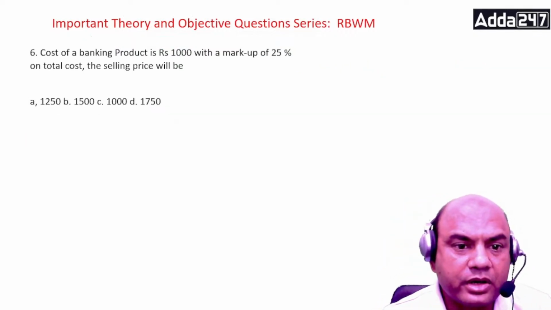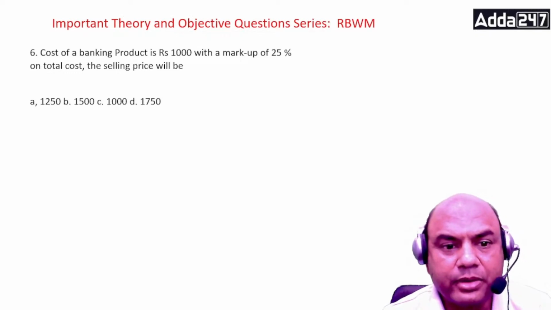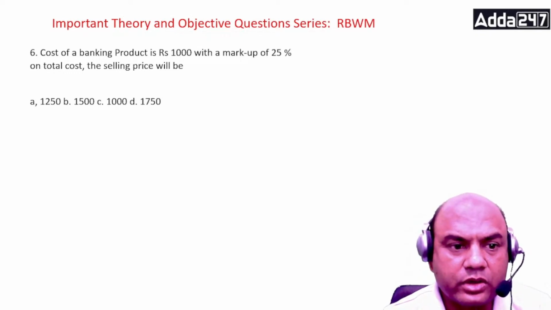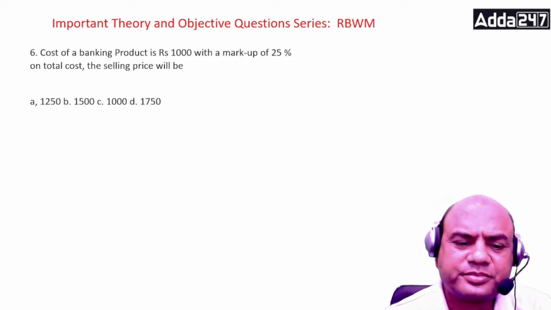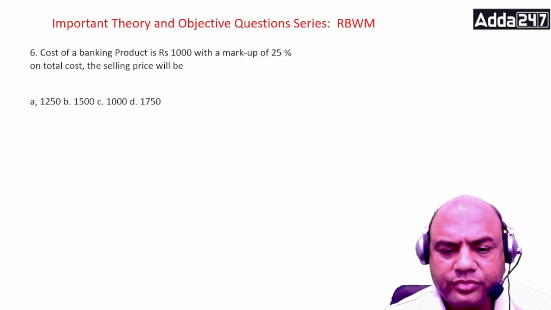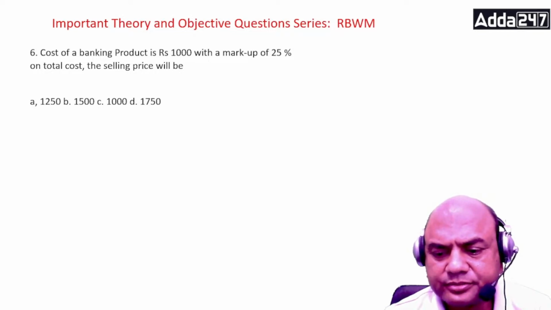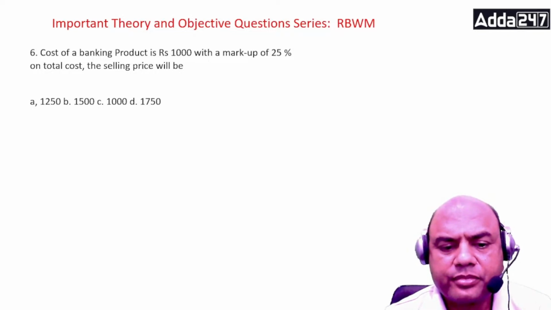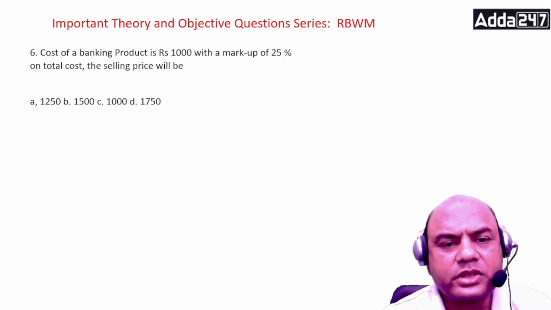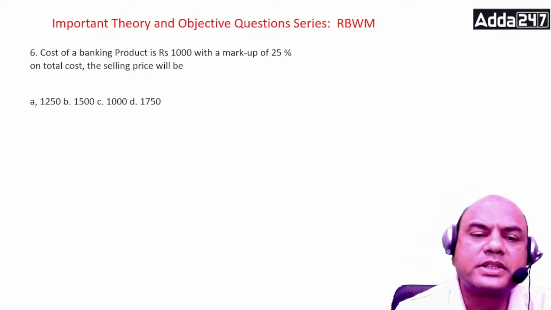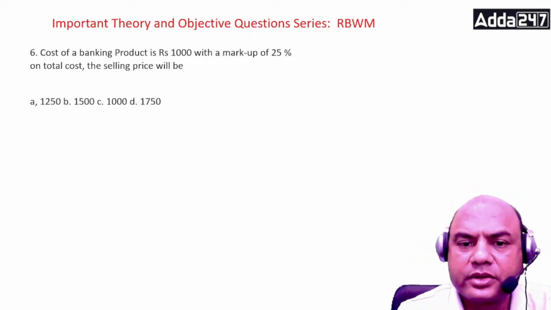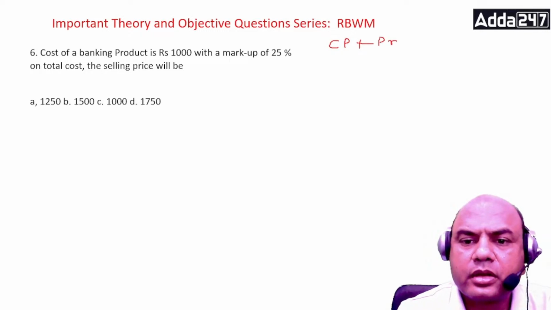The cost of a banking product is rupees 1000 with a markup of 25% on the total cost. What will the selling price be? So easy, isn't it? Cost is 1000, markup of 25%. This is my CP: 1000 CP plus profit equals SP.